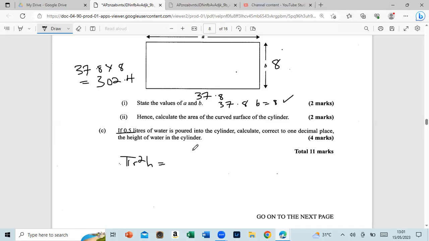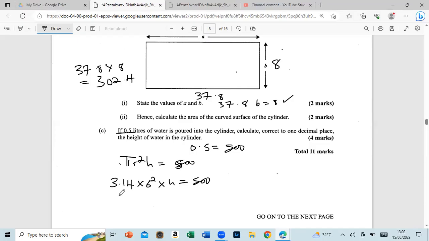Now, 0.5 liters is the same as how many milliliters? 500, right? Since they gave you that unit, I can work with that unit. And I can put in what we know: 3.14 for pi, because that was given, radius would be 6 squared times h. Remember h we are finding, right?